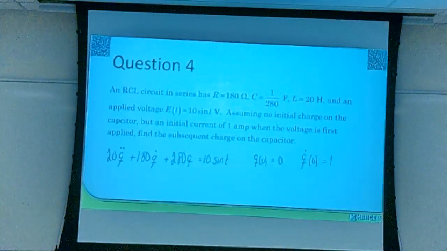There is the model. We want to find Q of t.